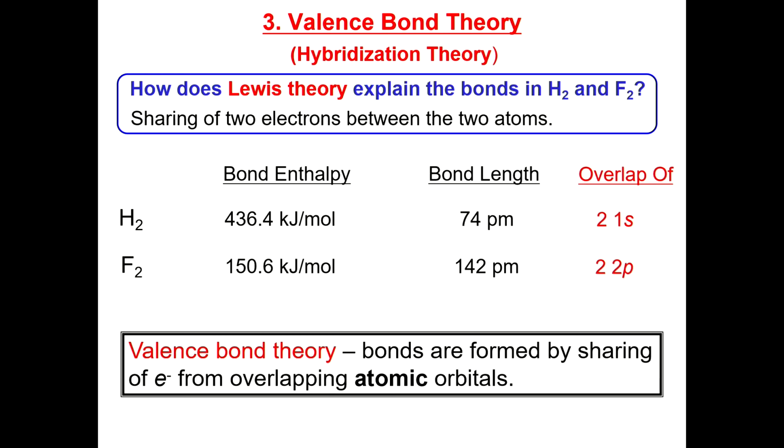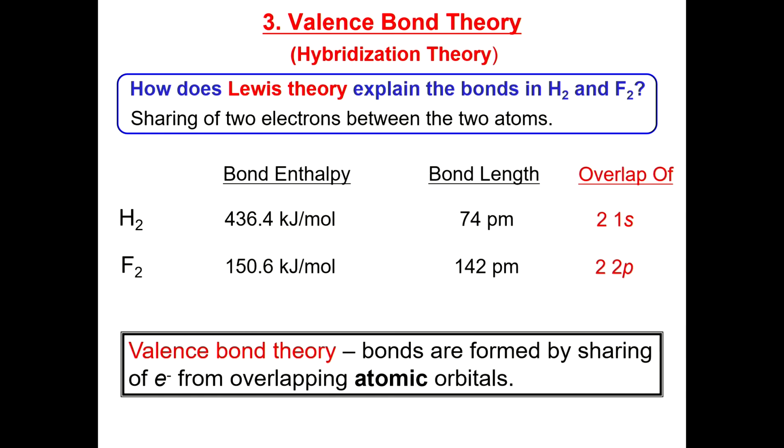Like hydrogen, we know the hydrogen bond is formed by the overlap of two 1s orbitals, or the electrons in these two orbitals. Like fluorine F2, the F-F bond is formed by the overlap of two 2p electrons, right? So this is what we learned from the Lewis theory.